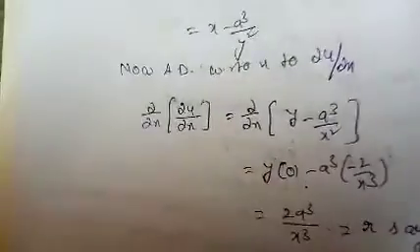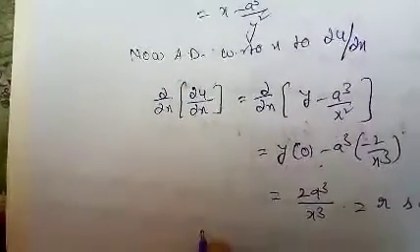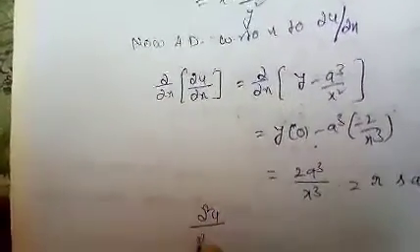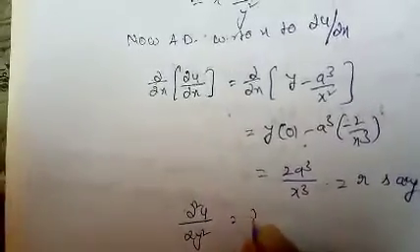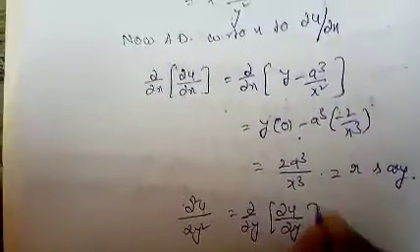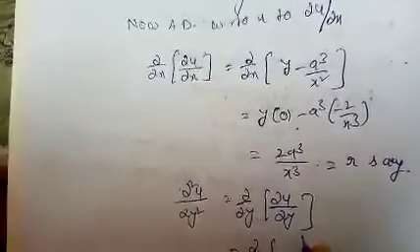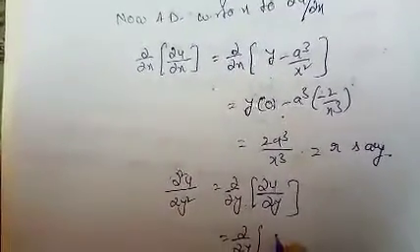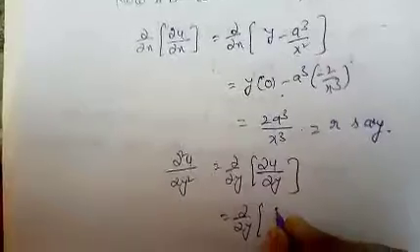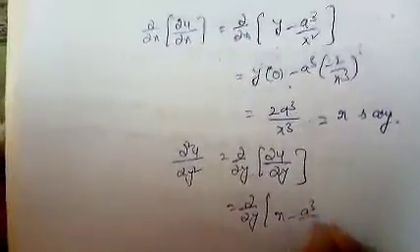So now t. What is the value of t? Dou square u by dou y square equal to dou by dou y of dou u by dou y. What is the value of dou u by dou y? x minus a cube by y square.